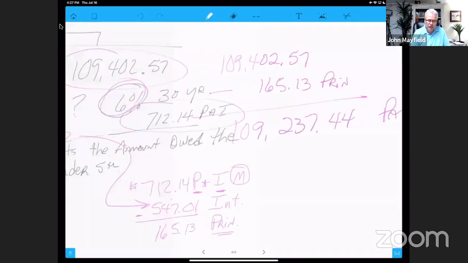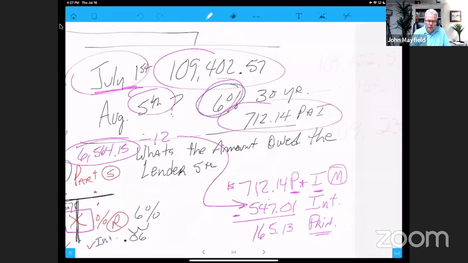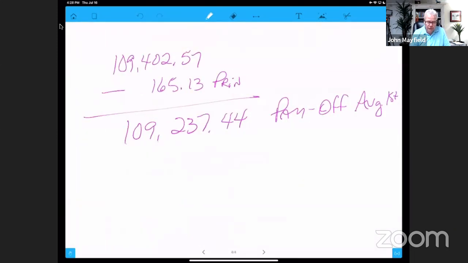Well, the problem said we're closing on August the 5th. So we need to figure out 5 days of interest. The way we do that is just another T problem. 109,237.44, and remember, it was 6% interest. We know we multiply.